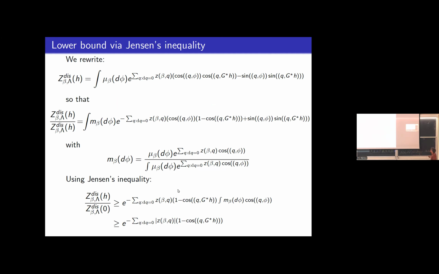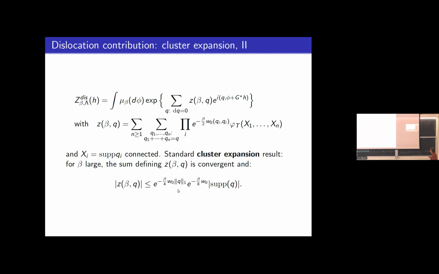I wrote these formulas long because I tried to write all the details, so they are less scary than they look. The first step is really elementary. I'm just rewriting, using once again the evenness in phi and in q of these measures.